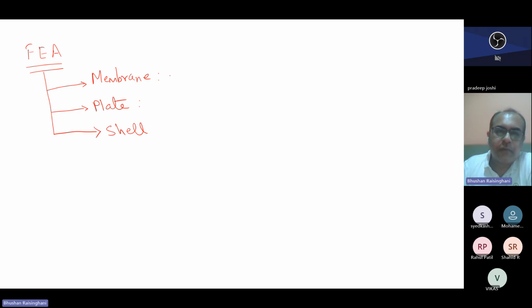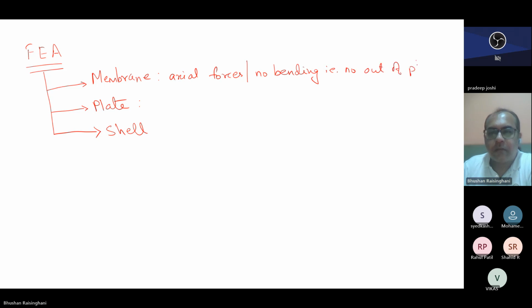So what is a membrane, and what type of forces will come in the membrane element? A membrane element takes axial forces. It does not take bending, so no bending, that is, no out of plane stiffness.